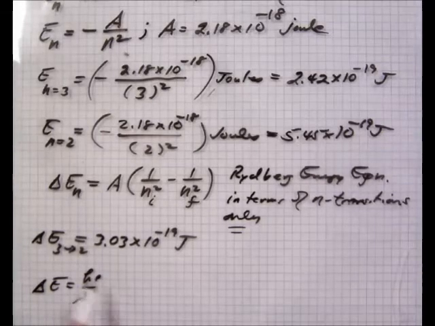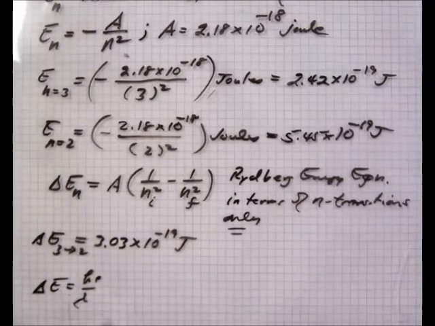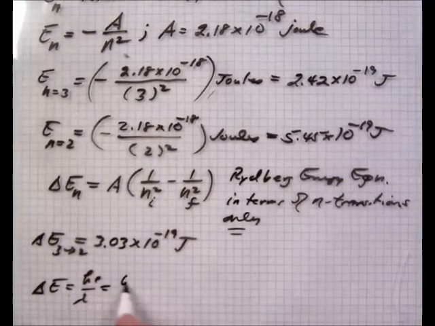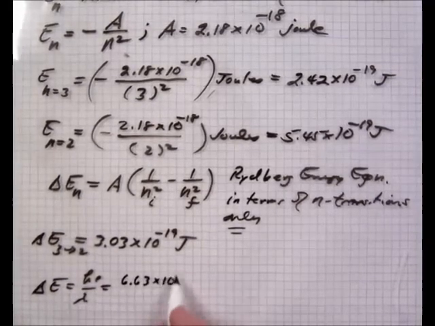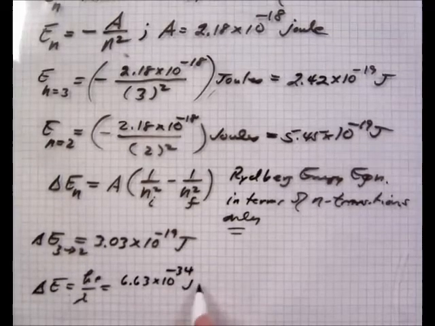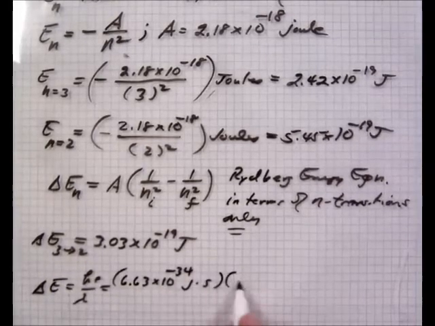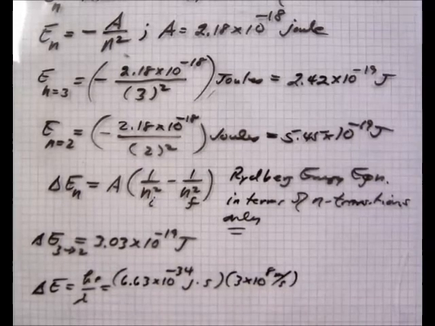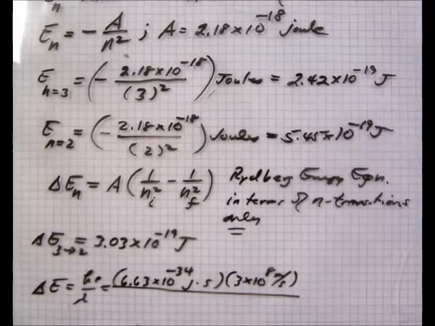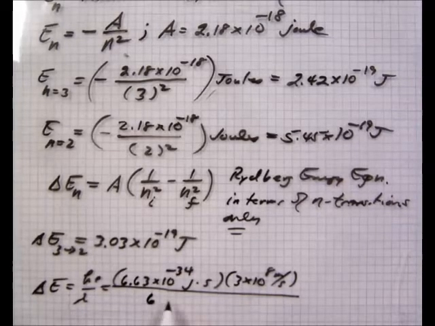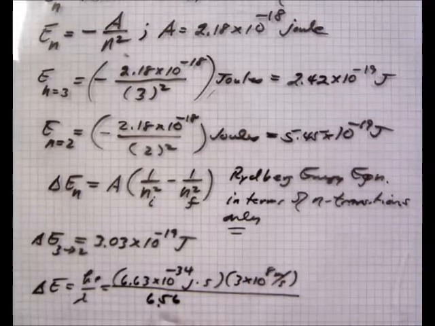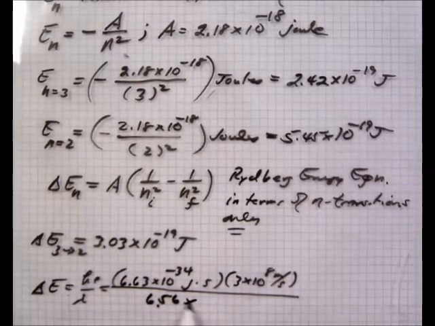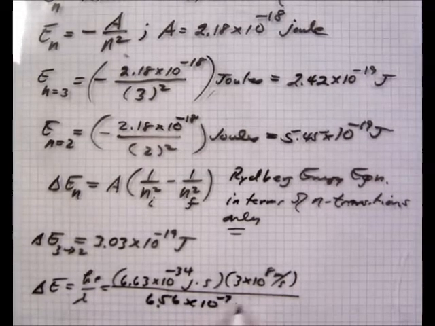This is in terms of a measured wavelength. So that's 6.63 times 10 to the minus 34 joule seconds times 3 times 10 to the 8 meters per second divided by the wavelength of the red light, which is 656 nanometers. So I put the decimal in standard form, times 10 to the minus 7 of a meter.